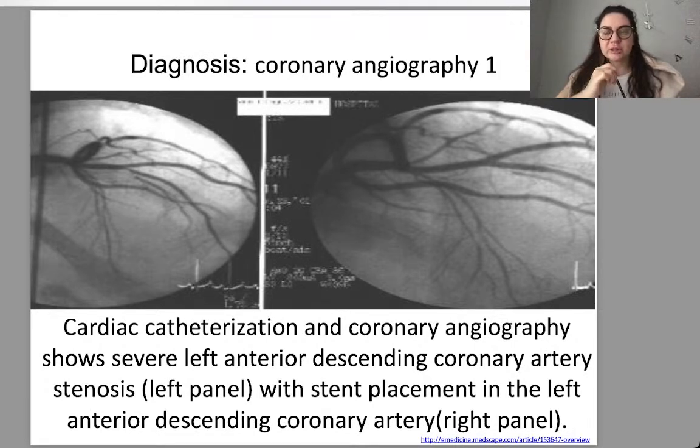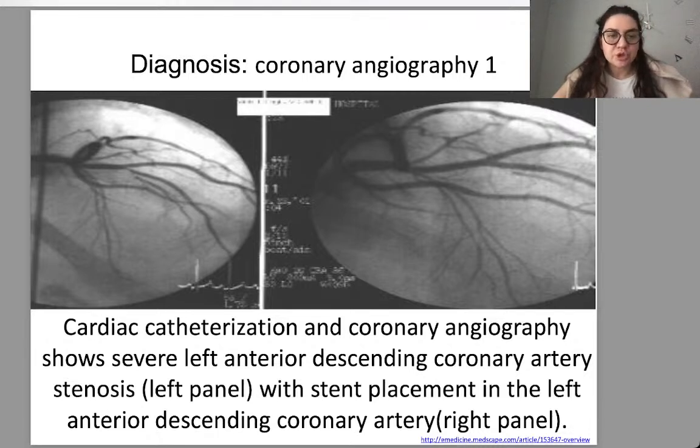There contrast is injected. This contrast goes to the coronary arteries, and a series of X-ray pictures can visualize chambers with contrast and coronary arteries, the full coronary tree, all arteries, and whether stenosis or spasms or something else is present there.